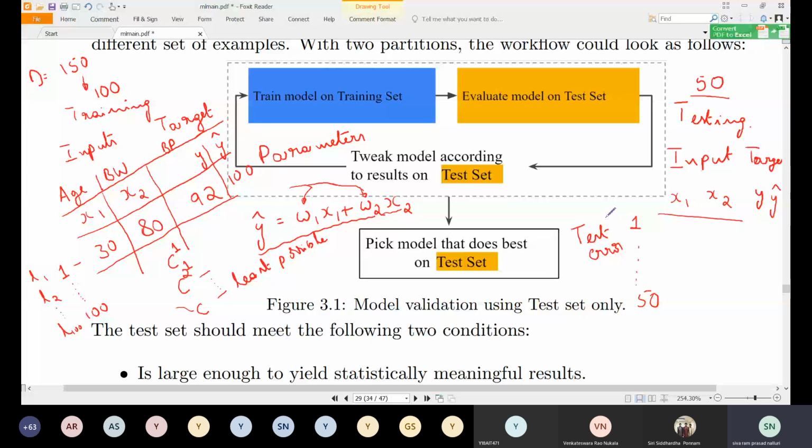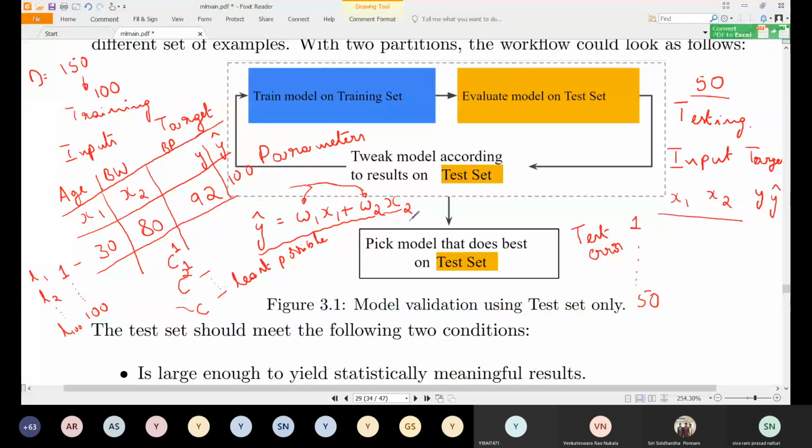If you are lucky, and the train error and test error are both minimum, then we say that the learning phase is over, and the model that we have come up with after training is fit for commercial purpose.